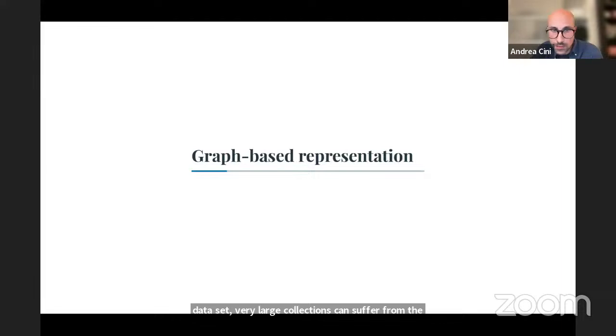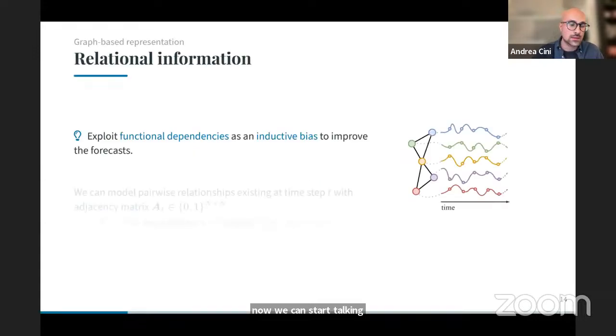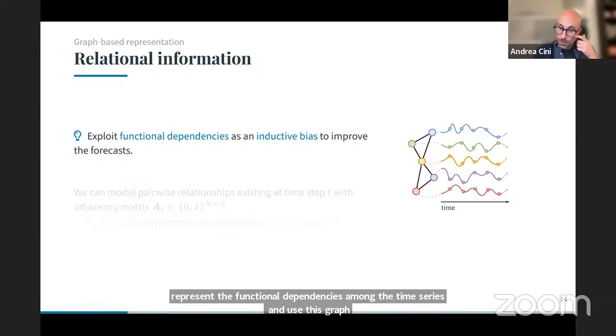Now we can start talking about these graph-based representations. As anticipated, the idea is to use a graph to represent the functional dependencies among the time series and use this graph as an inductive bias for our learning model.